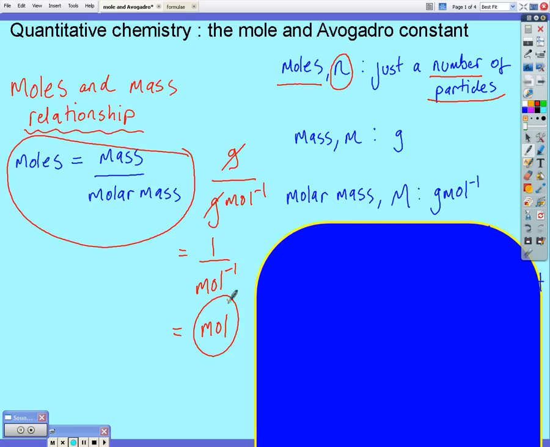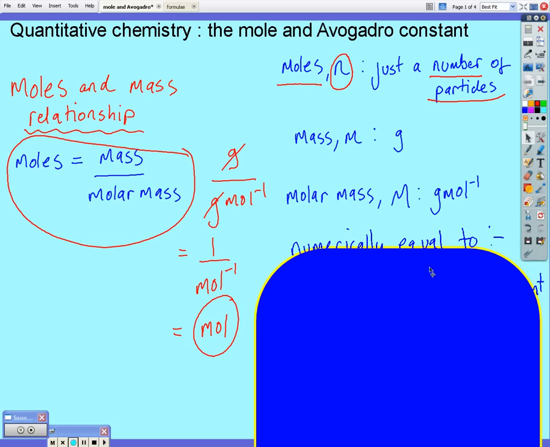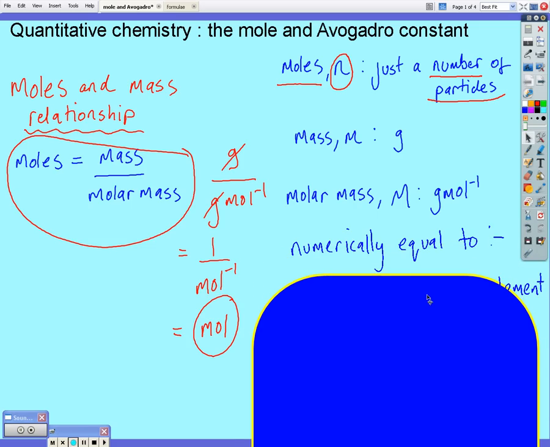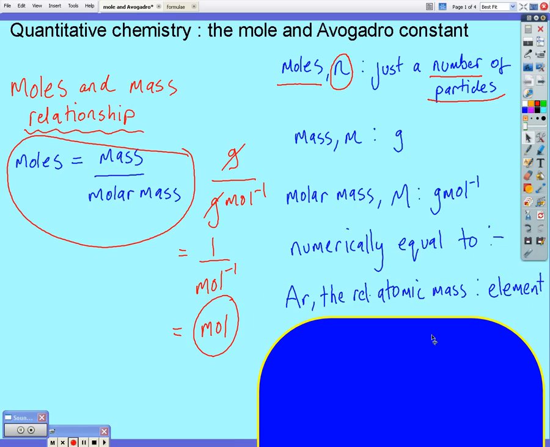Now, how do we find molar mass? Well, quite simply, we take it from our periodic table. If we're talking about an element, then the molar mass will just be the relative atomic mass, or the Ar, capital A, subscript r, and we find that from the largest value for each element on our periodic table.